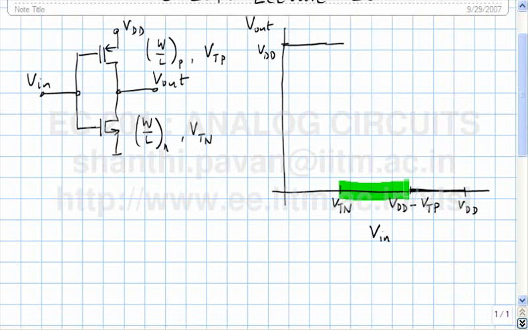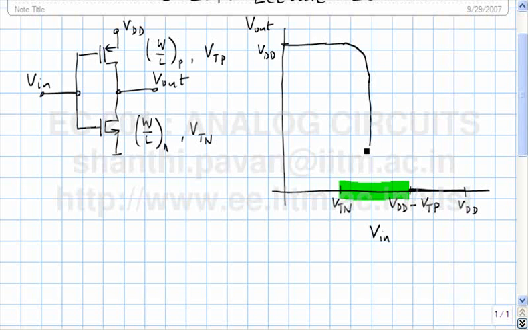At some potential VG between VTN and VDD minus VTP, both the transistors will operate in the saturation region, and at that point the incremental gain, which is the slope of the characteristic between Vin and Vout, will tend to minus infinity. Before that, the NMOS transistor which was cut off gets into saturation and the PMOS transistor remains in triode.